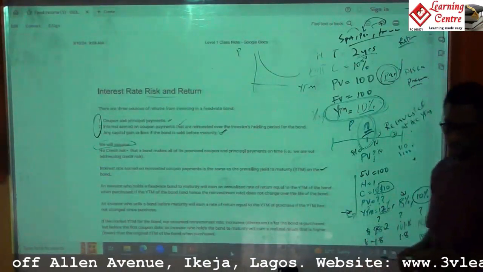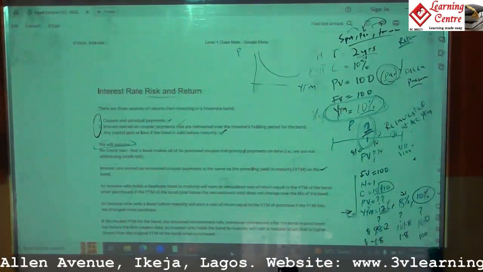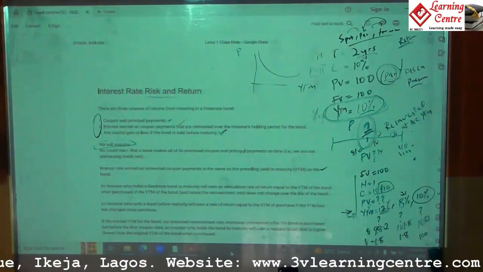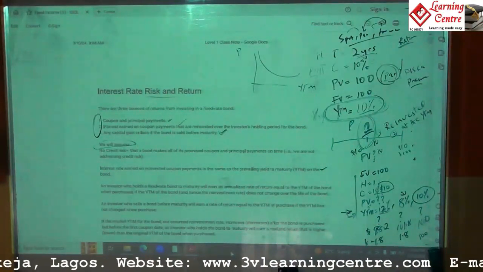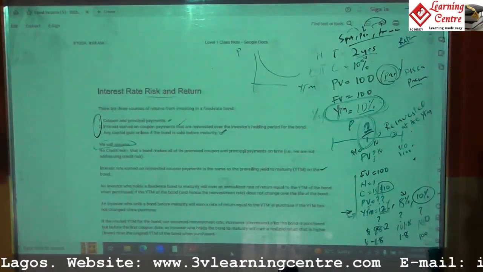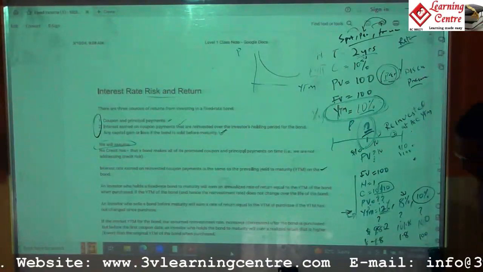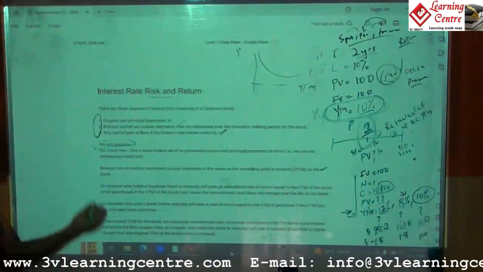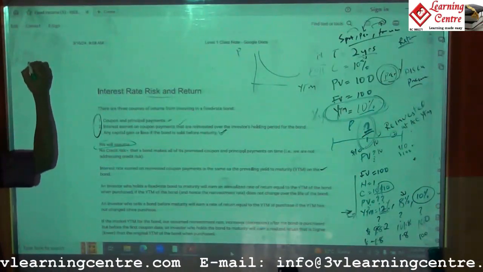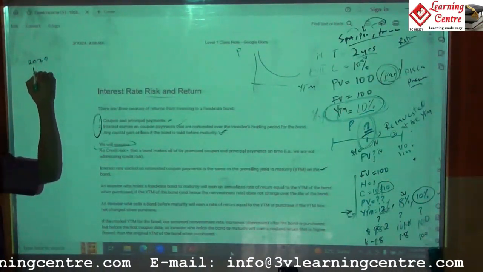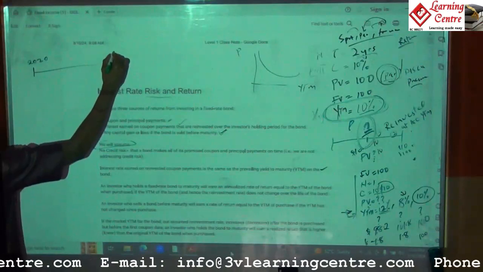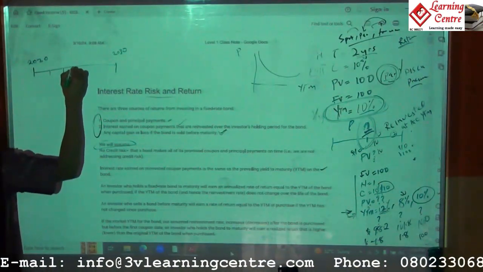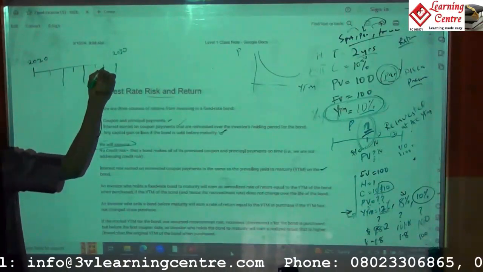And the YTM can change. If at the beginning, when I bought the bond, the YTM is 10%, in the life of the bond the YTM can change. Yes, definitely. Let's say, for example, you're in the Nigerian market and you bought a 10-year bond in 2020, paying half yearly.